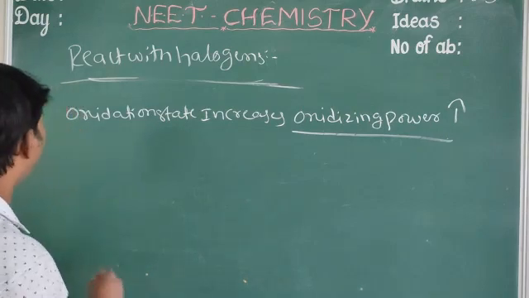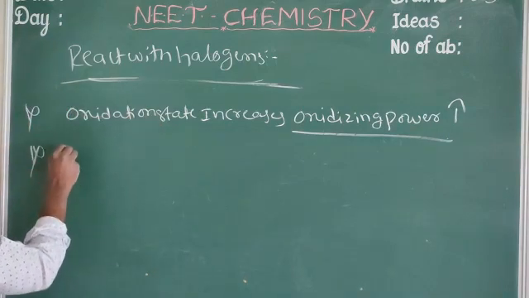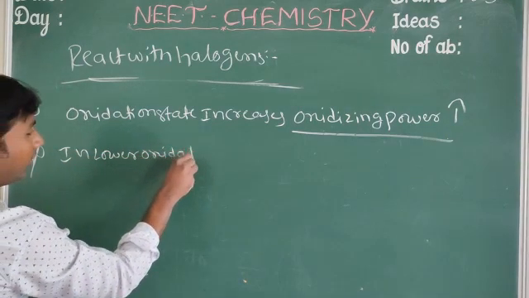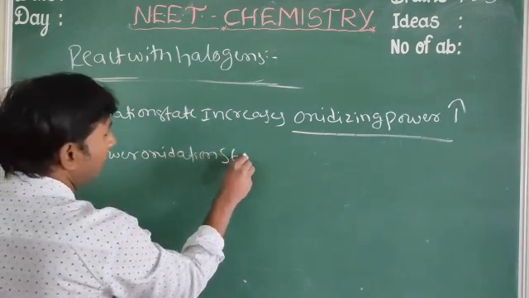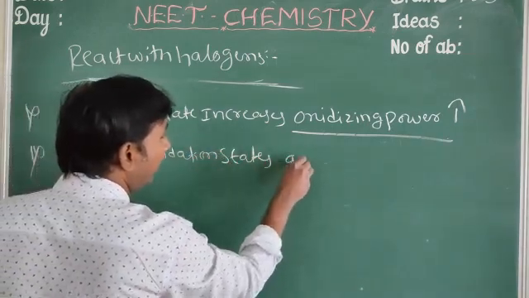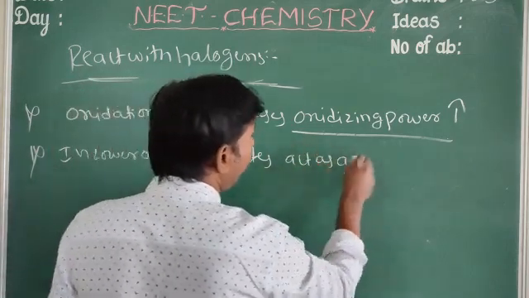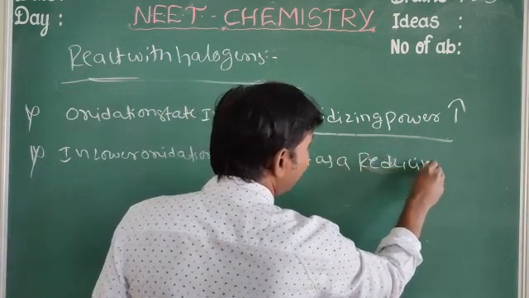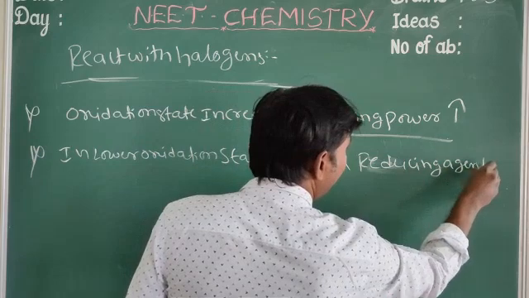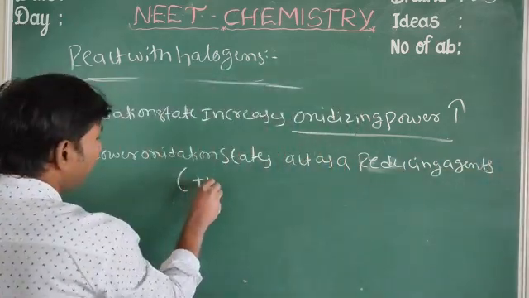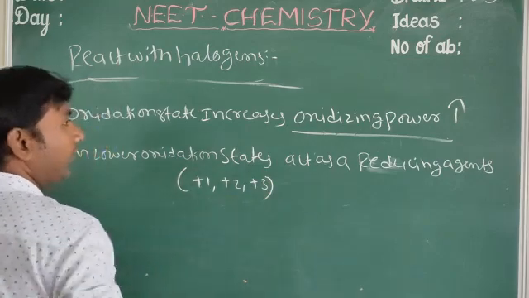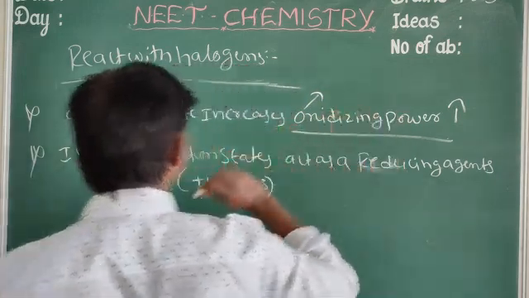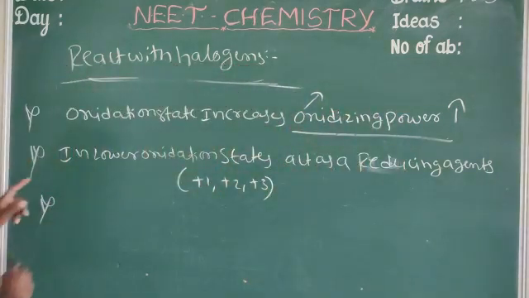Next, generally, lower oxidation states, that is +1, +2, +3, act as reducing agents.